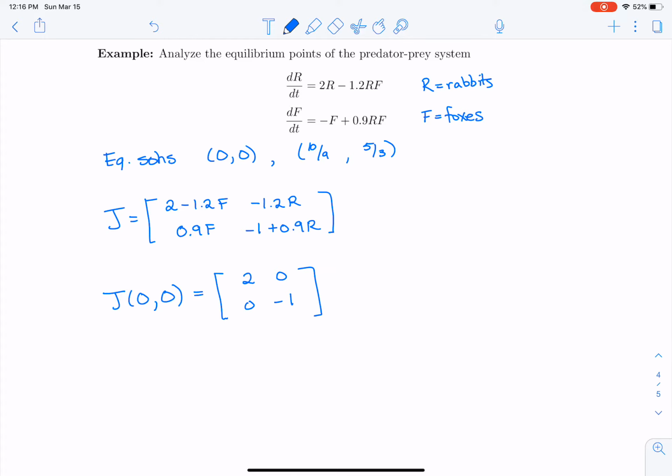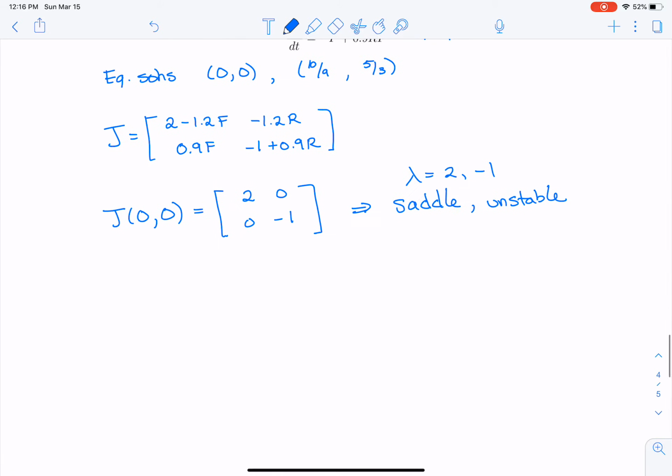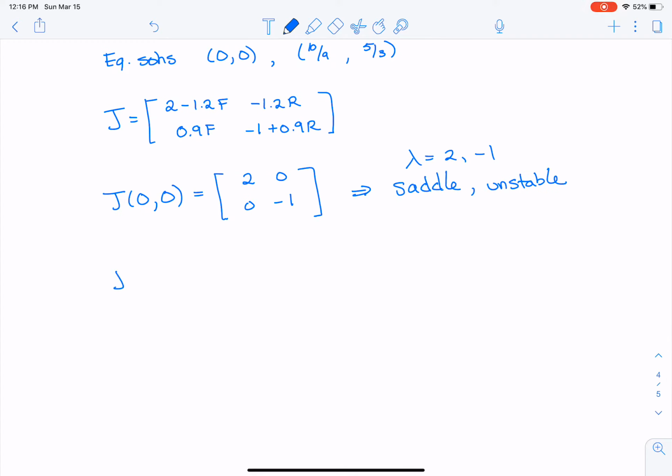That tells us (0, 0) is a saddle and unstable because one of the eigenvalues is positive, one is negative. So lambda is equal to 2 and minus 1 for that diagonal matrix. But that's kind of a boring solution anyway. That's where we have no rabbits, no foxes. What about the other equilibrium?